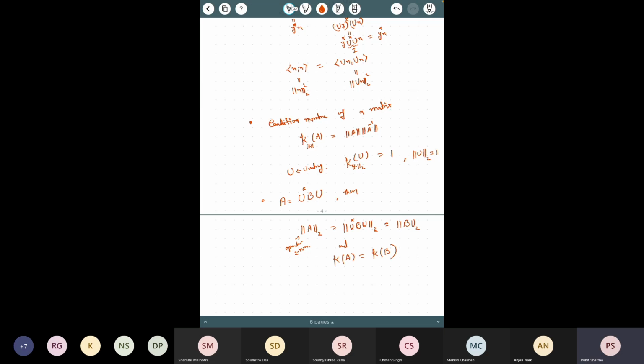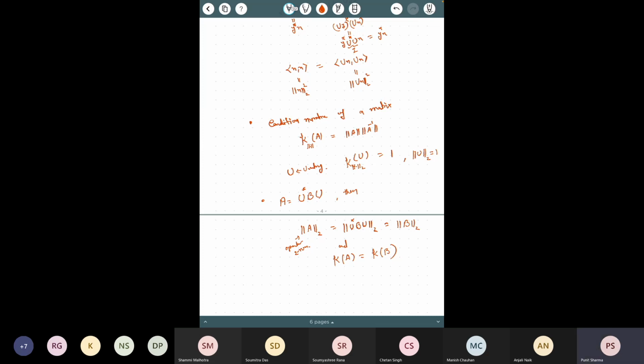So that means whatever error was there in the matrix B, it remains the same after this similarity transformation via this unitary matrix. The error is not changed. It is exactly same. So even after the transformation, we are not adding any more error in the computation.